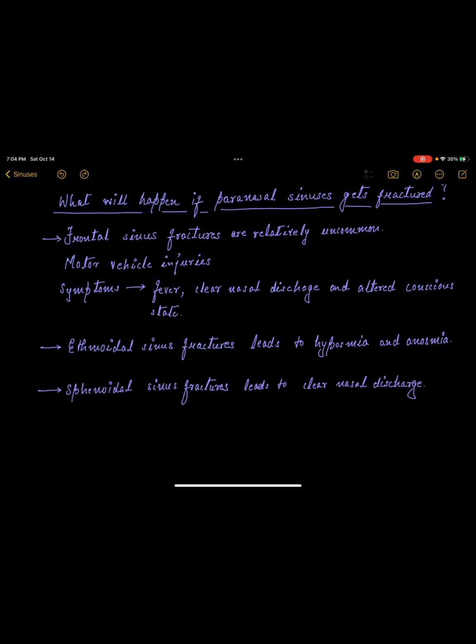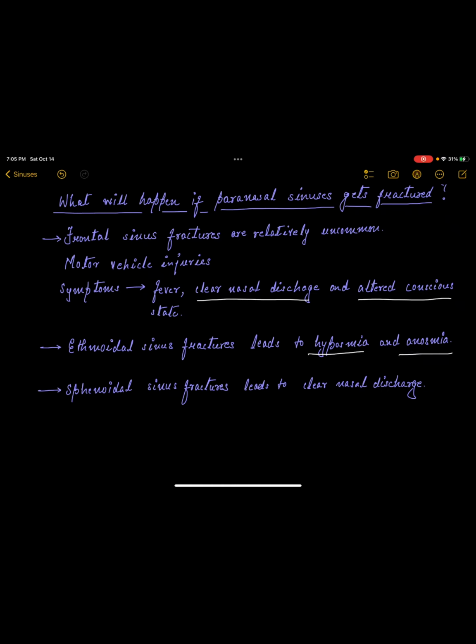Recently, an 18-year-old boy came to us, and he told us that he was driving his motorcycle at a very high speed, and he met with an accident, and he fell to the ground on his face, and he fractured his frontal sinus, and after that he developed symptoms like fever and clear nasal discharge and altered consciousness, and also symptoms like hyposmia and anosmia.